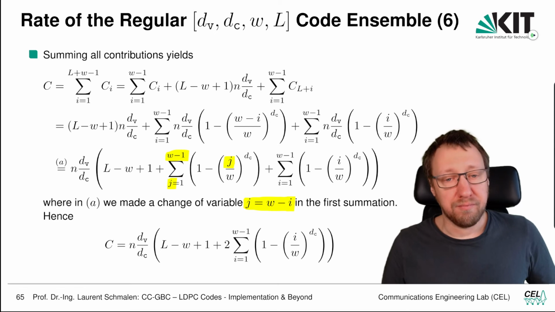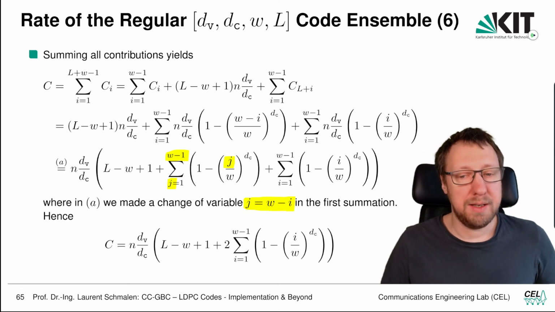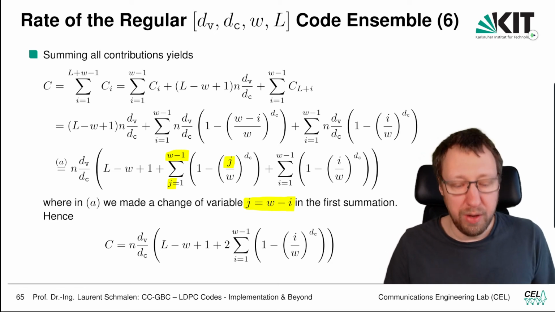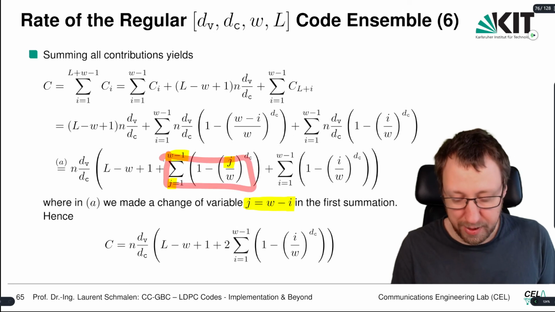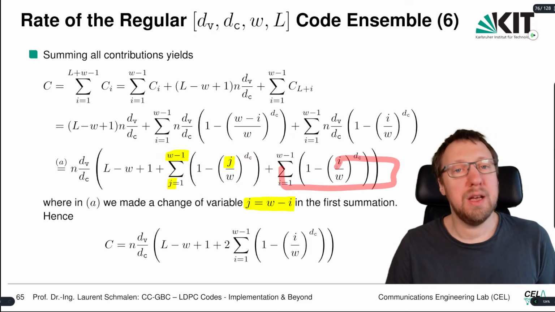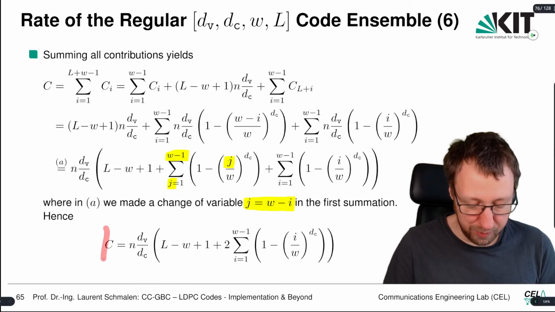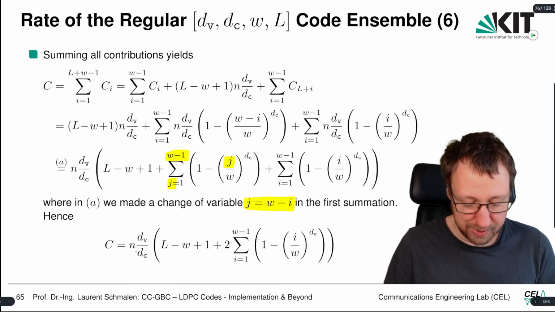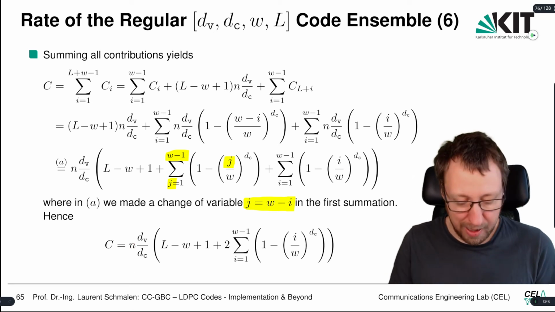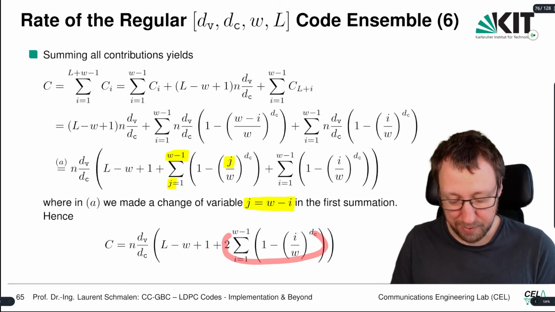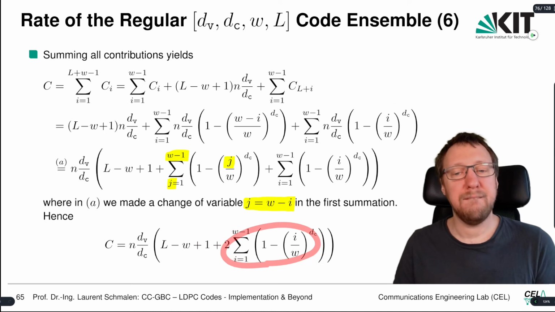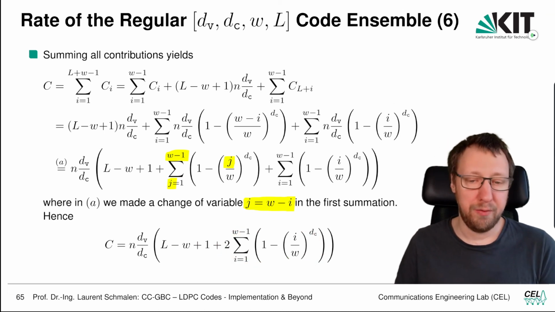So we have this expression now. Now we can put these two summations together, they are equal. So then we get the final expression. This expression is C, so it's n times dv over dc, times L minus W plus 1, plus 2 times this summation. We can simplify the summation further.